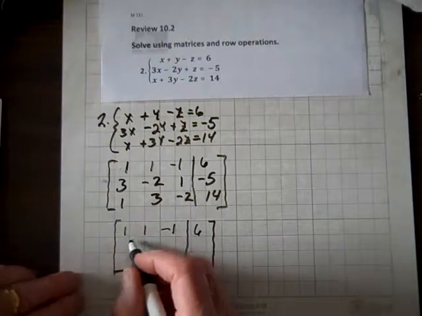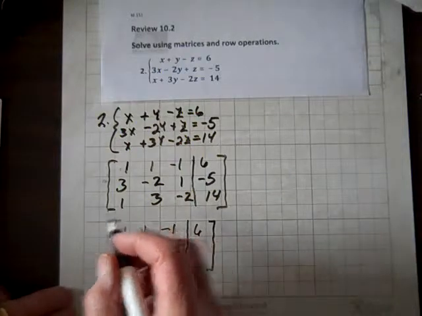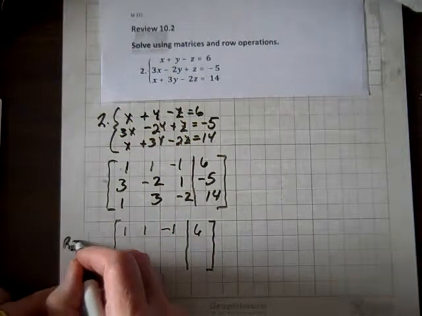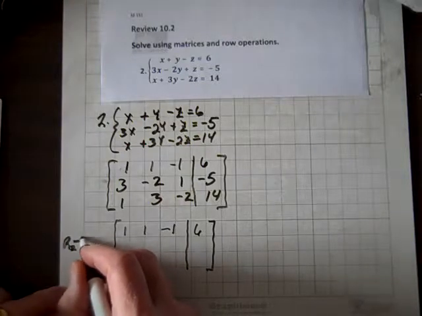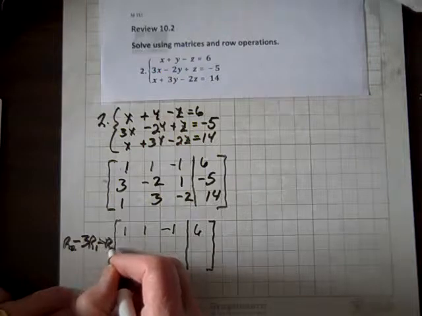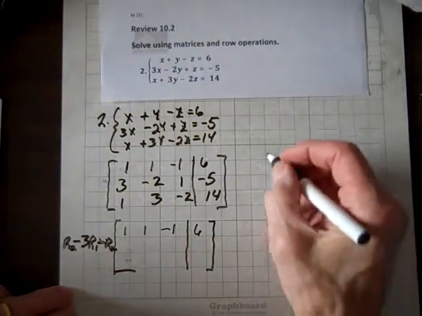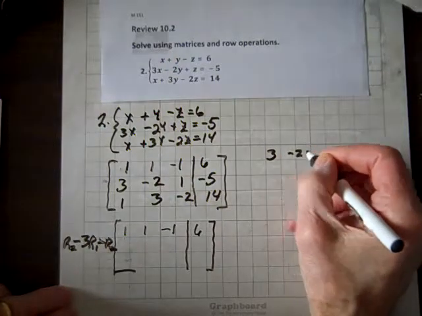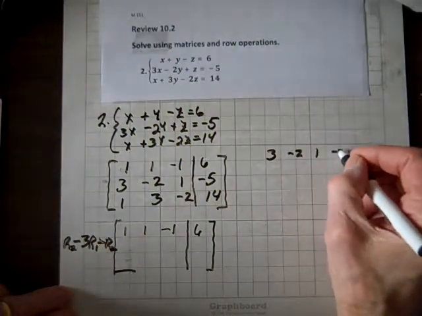Now to get a 0 in this position, we'll take row 2 and subtract 3 times row 1, and that'll replace row 2. So let's do that. Row 2 is 3, negative 2, 1, negative 5.